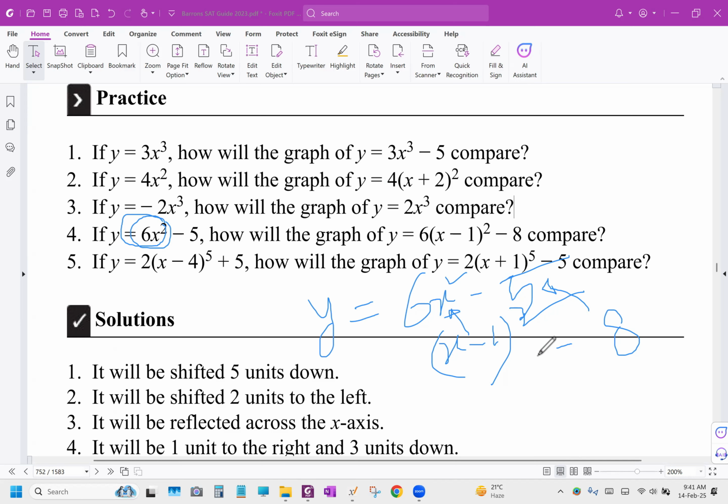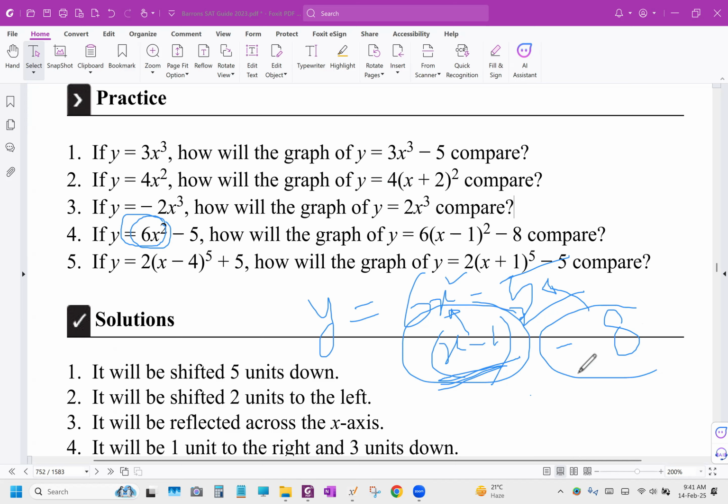So what will happen? You cannot just distribute, because you need to think with your imagination. First, you need to shift in the rightward direction or the leftward direction, which this part tells you.